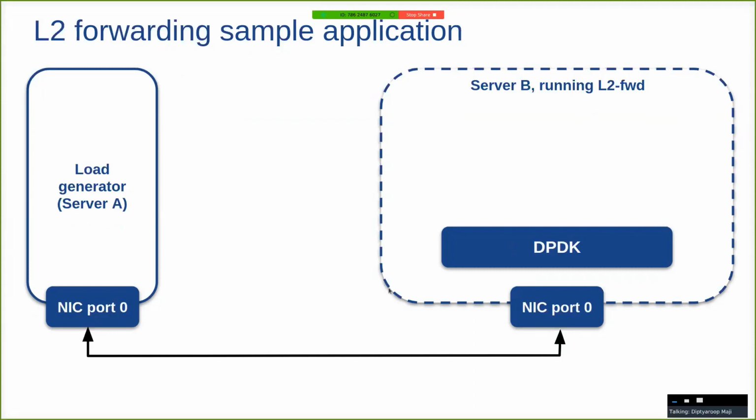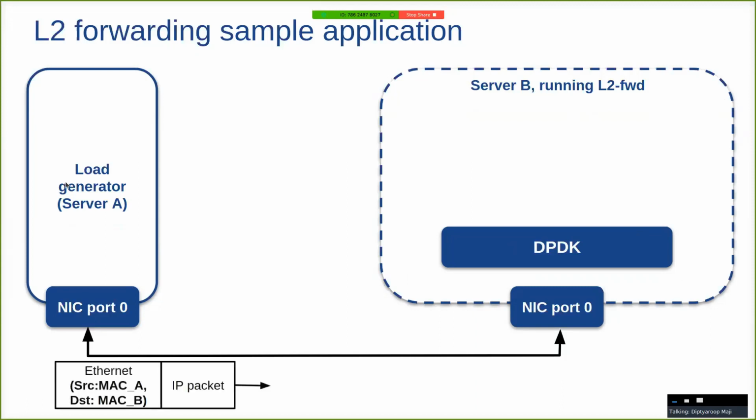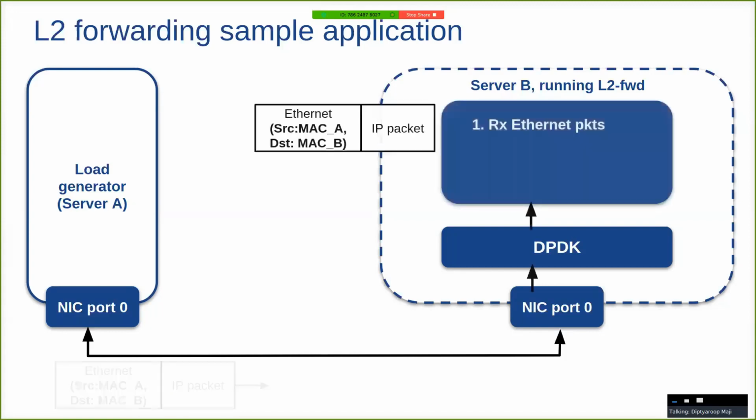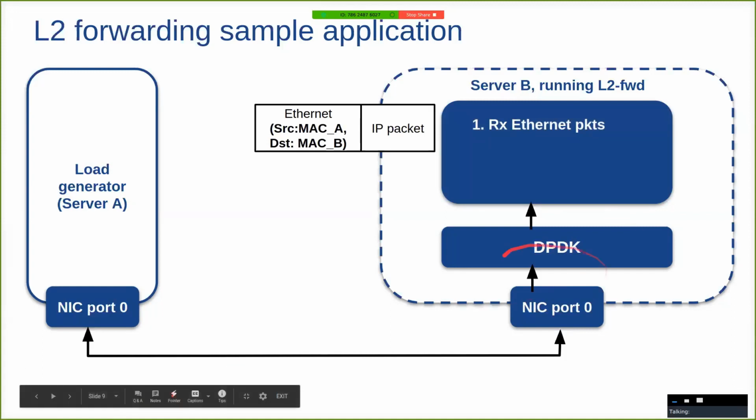The load generator will generate IP packets with Ethernet headers, where the source address is the MAC address of A and the destination is the MAC of B. This packet will come to server B, and then via DPDK it will receive these packets in the user space.